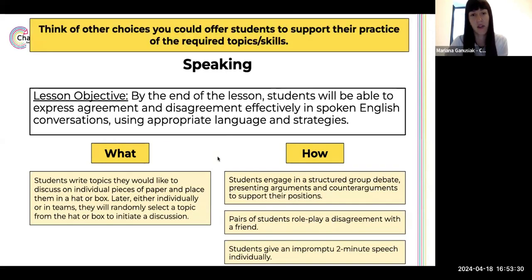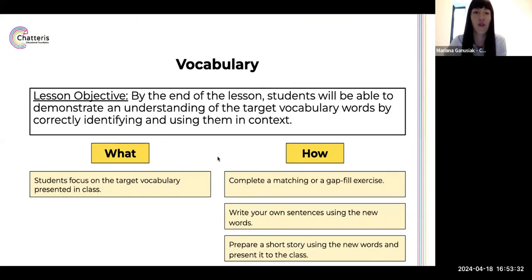And a final example that I have here is about a vocabulary-based lesson, or maybe a vocabulary-based section of a lesson or a series of lessons, depending on your school curriculum. But imagine that the lesson objective is for students to be able to demonstrate an understanding of the target vocabulary words by identifying and using them in context.